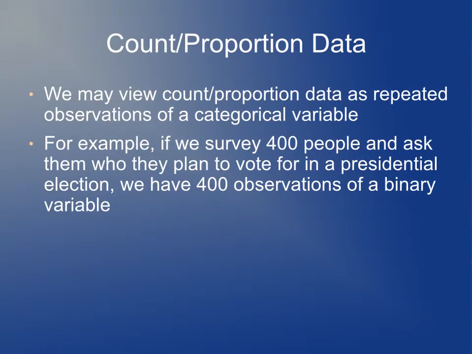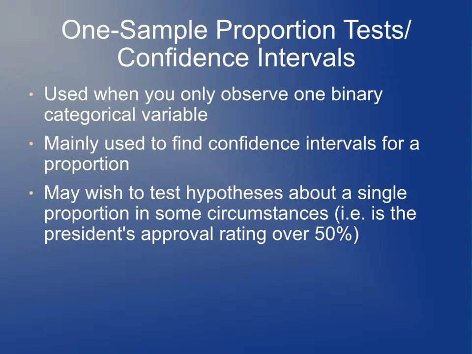One way or another, it would be a binary variable with two possible categories, assuming that you don't consider third-party candidates. So if you only observe one binary variable, then you would do a one-sample proportion test or confidence intervals.